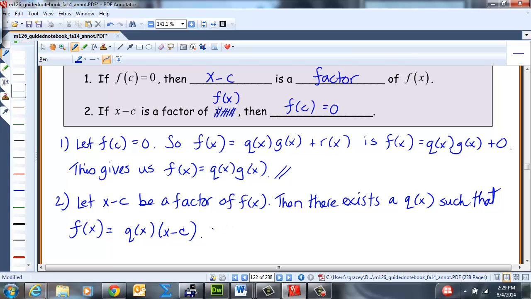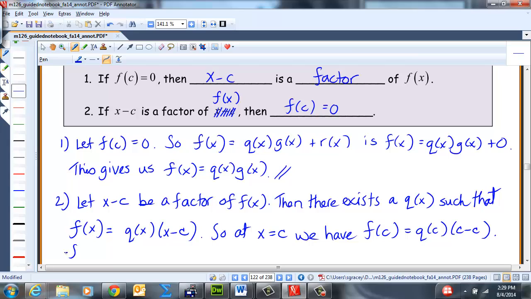So at x equal to c, we have f at c equals q at c times c minus c. I'm evaluating the f from that prior line at x equal to c.